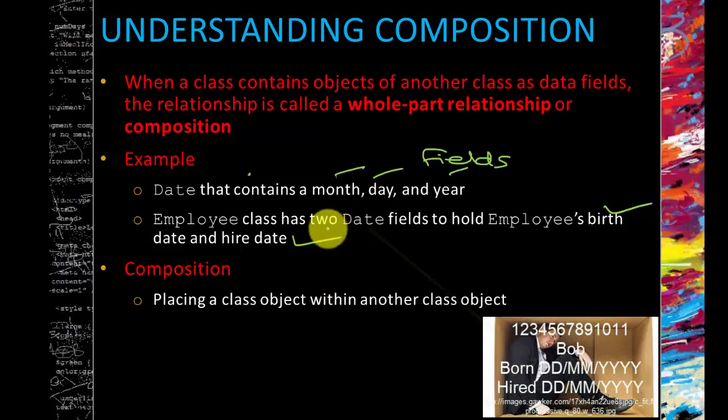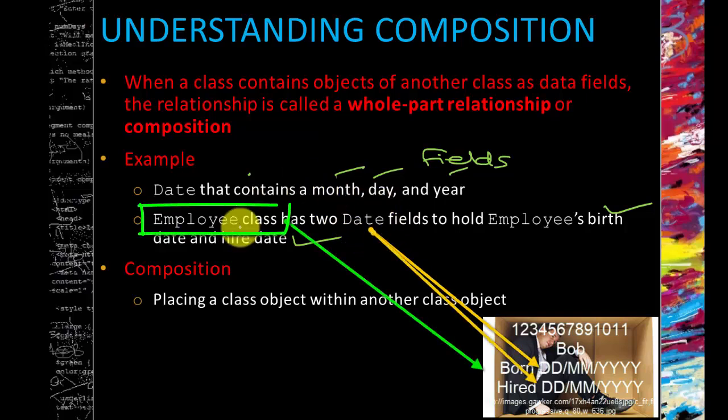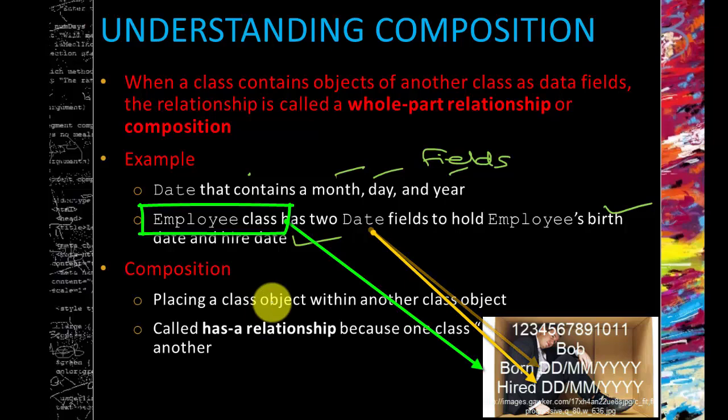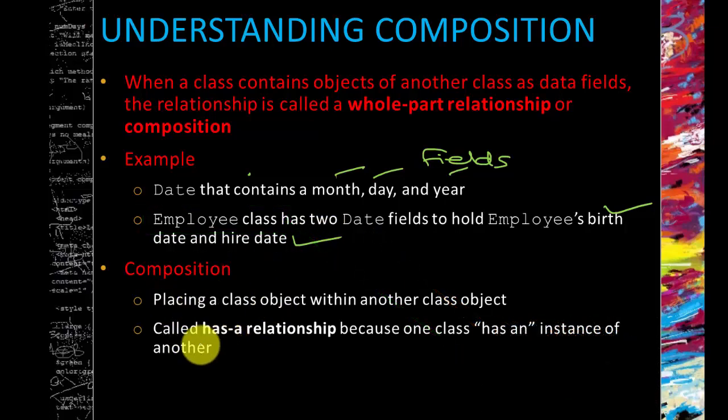So we placed two date objects within our employee class object. So what we're doing now for composition, we are saying that it has a relationship because one class has an instance of another, which the "has a" forms the basis for composition.